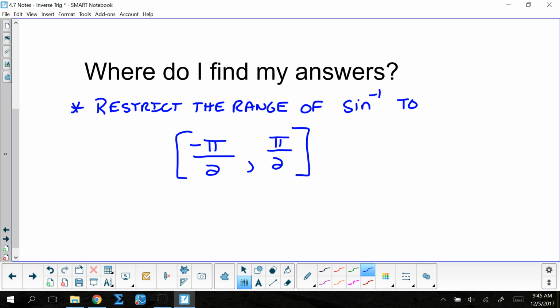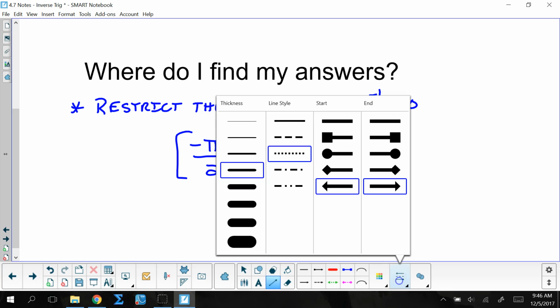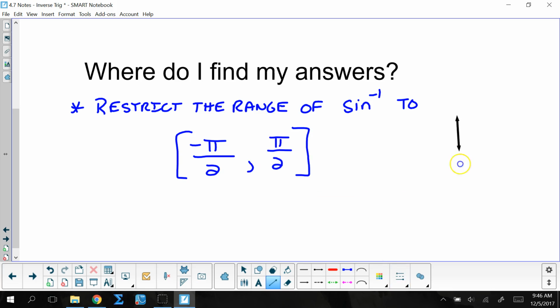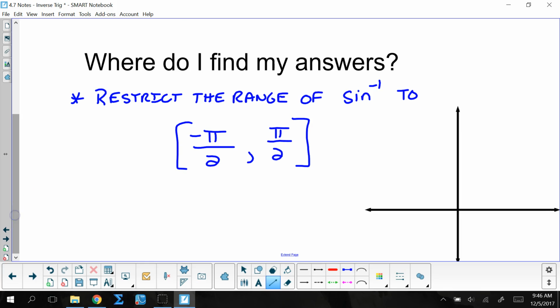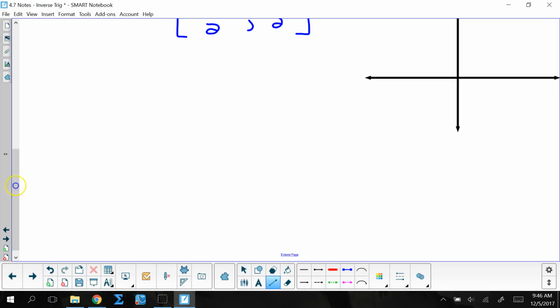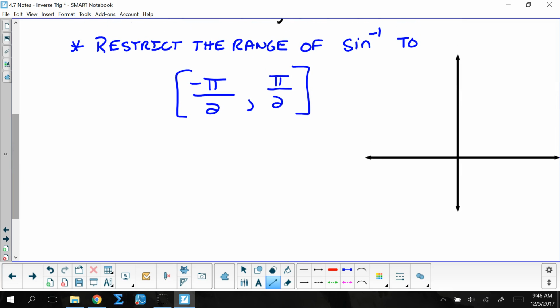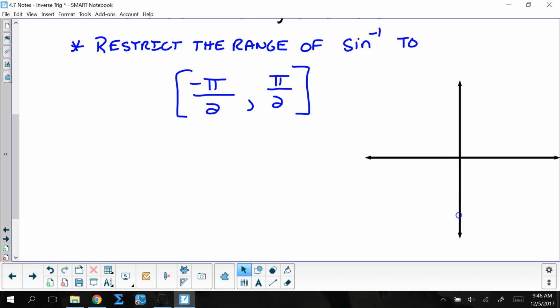So, on my graph here now of the inverse sine, let's bring this down a little bit.